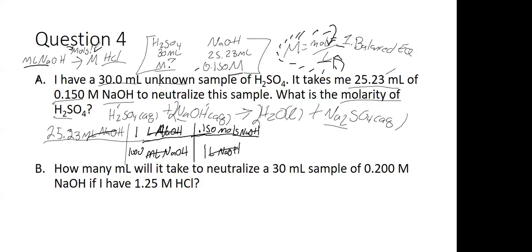So I've reached my goal. I know the moles of HCl. Or sorry, the moles of NaOH. And I don't know why I wrote HCl. That's H2SO4. Now that I'm in moles of NaOH, I can convert between any substance in my equation. And I do that by using stoichiometry.